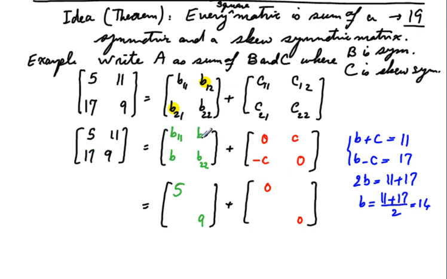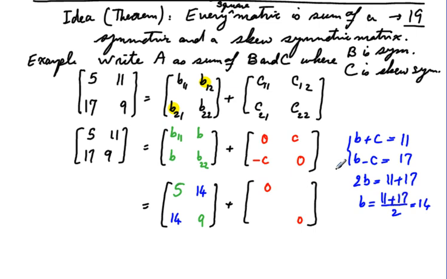Okay, so on the symmetric matrix, on the diagonal, you're just copying the original diagonal. On the off diagonal, every entry turns out to be the average of the corresponding entry and its symmetric location over there, like 11 and 17 gives you an average of 14. This is going to be 14.